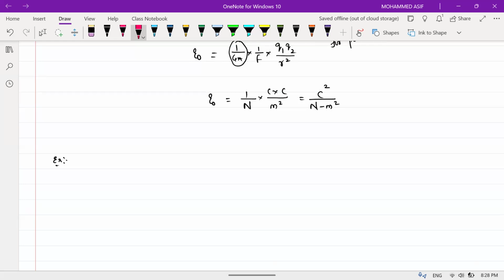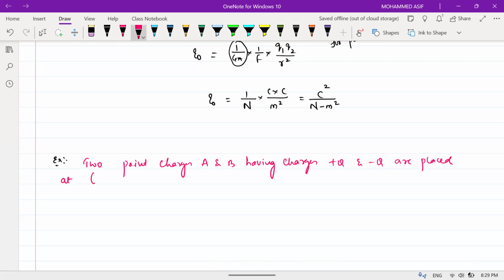We got 2 point charges, A and B, having charges plus Q and minus Q. They are placed at a certain distance, and the force acting between them is capital F.